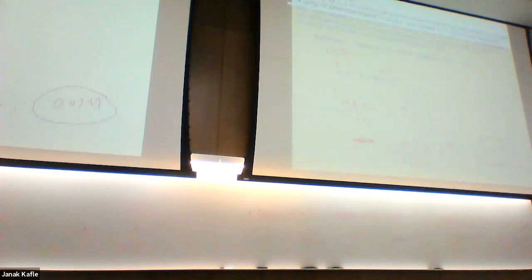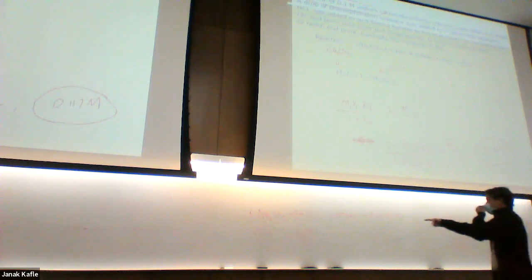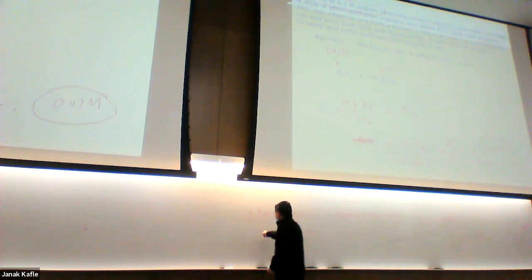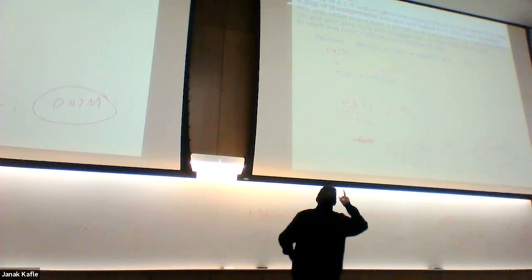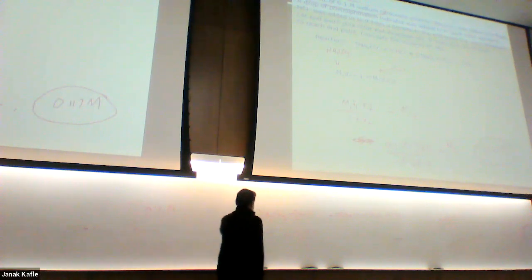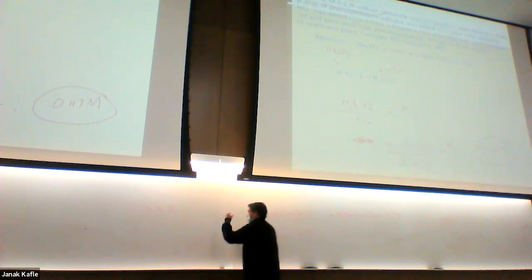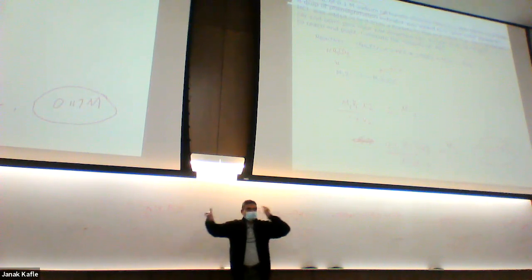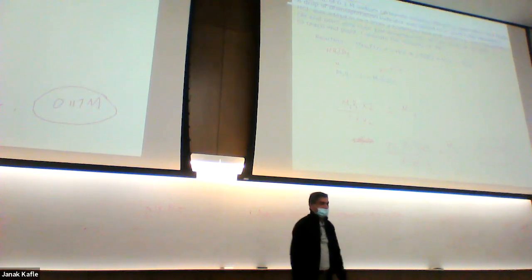So M1. 15 ml of 0.1 M sodium carbonate. So M1 is given, 0.1, and V1 is 15. So 0.1 and 15 divided by 1. You don't have to write the 1 there, because multiplying or dividing by 1 does not do anything.